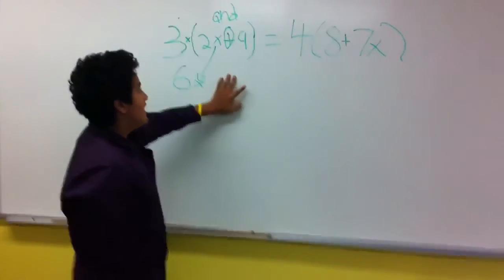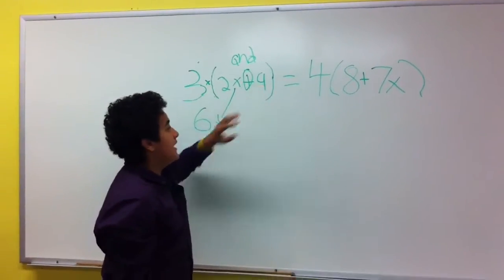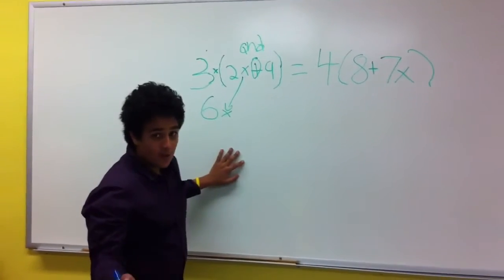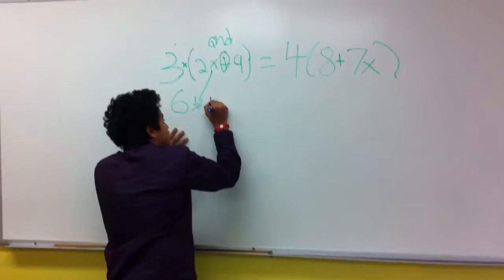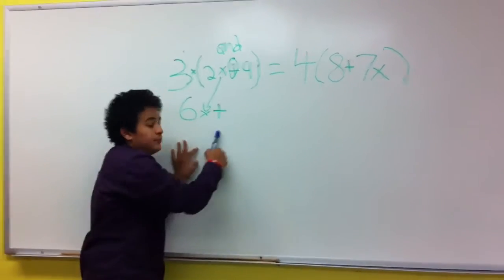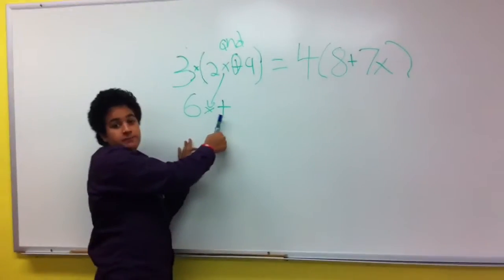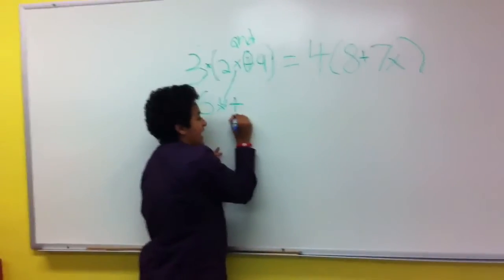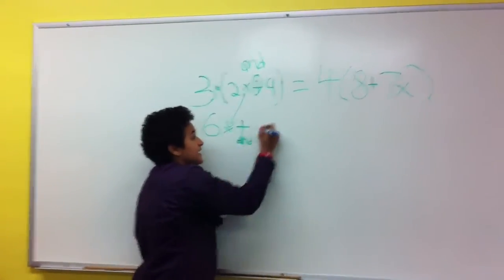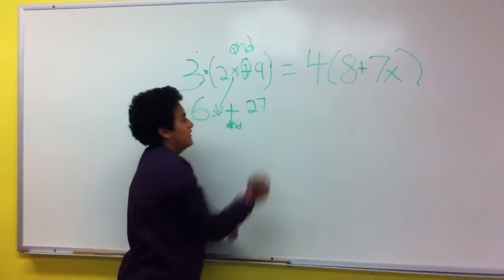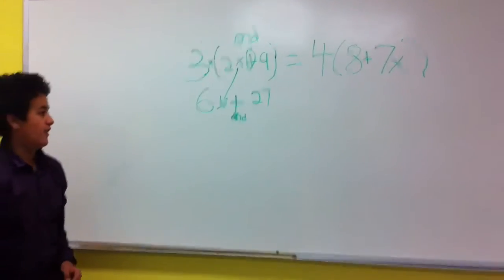So you do 3 times only 9, which equals 27. So then you're going to want to write plus because it's a positive. The plus stands for positive. So this plus is also like an and right here. So it's going to be 6x and 27. Okay, this is pretty easy so far.